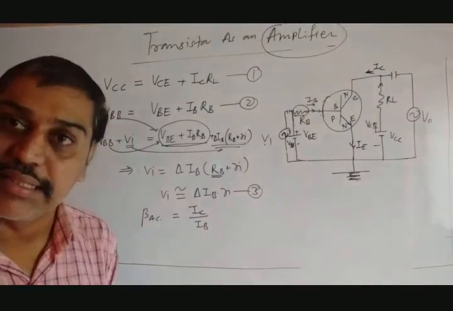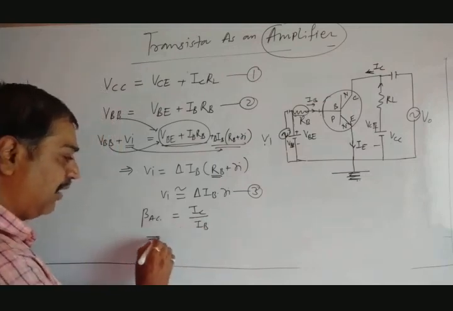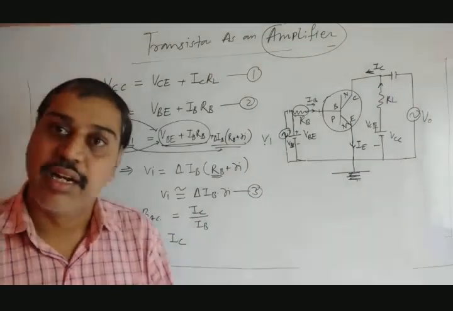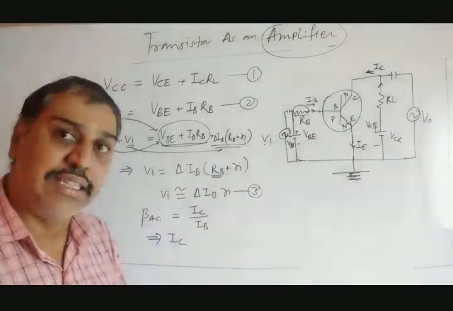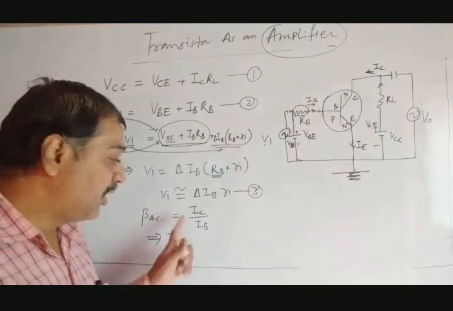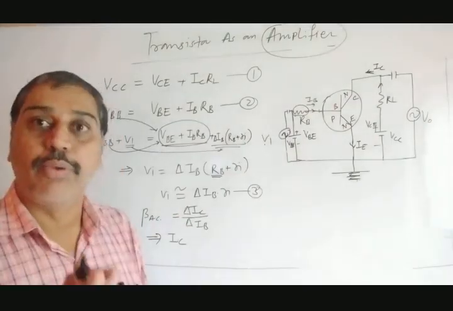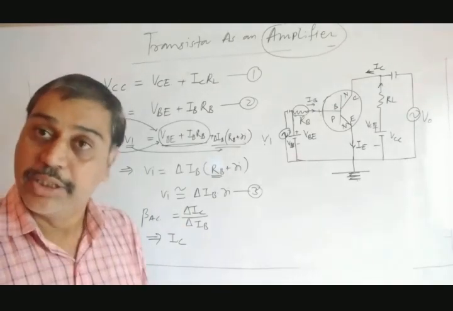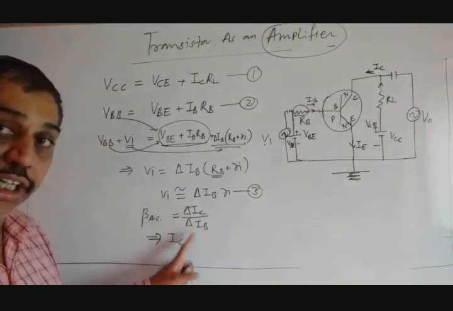From this equation, now we can find out the value of IC. Before finding the value of IC, as this is AC, alternatingly changing, you should use a symbol: delta IC divided by delta IB, because both are changing with time. These are AC signals, alternating current or voltage, that's why we use delta.